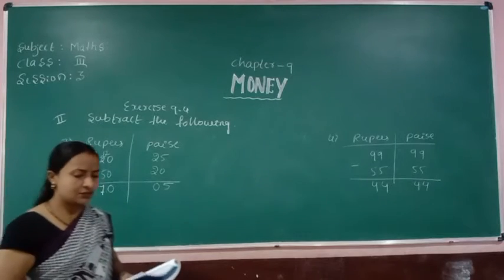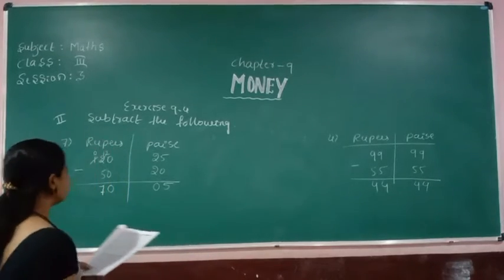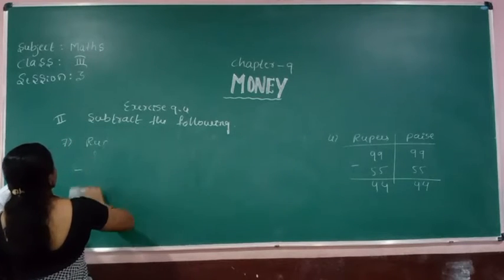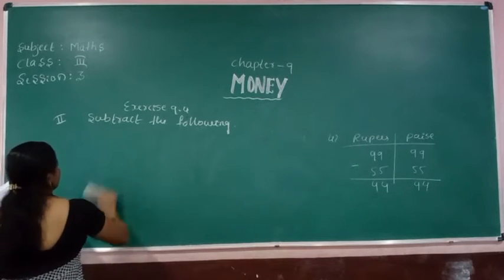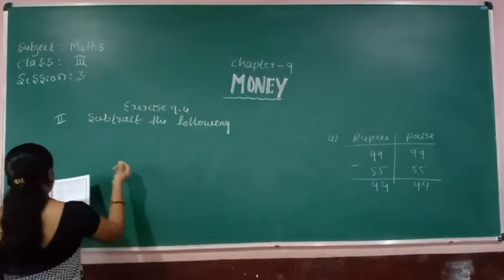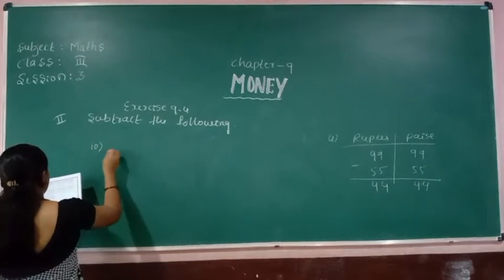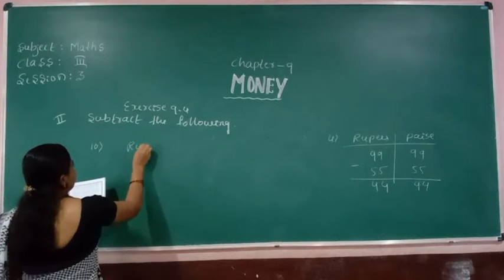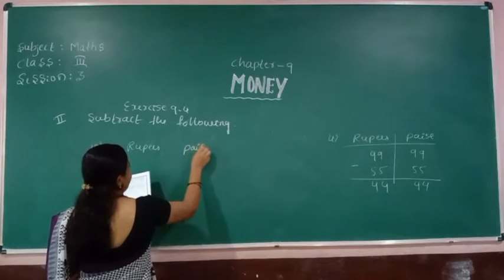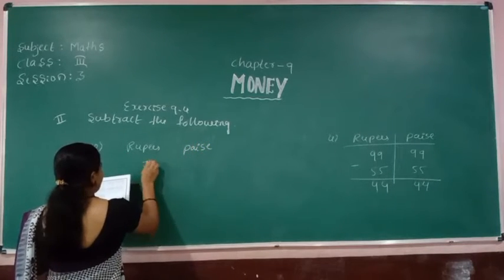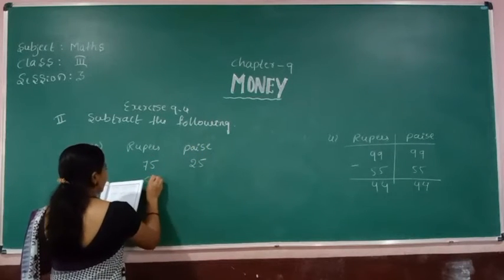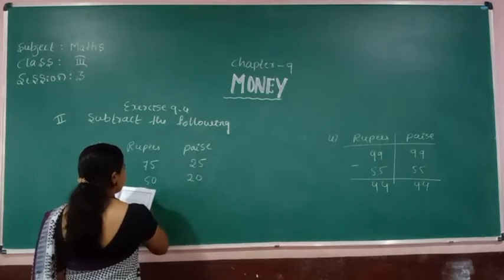Understood? Yes. So next one we are going to the 10th one. Rupees, paise. 75 rupees 25 paise, 50 rupees 20 paise.